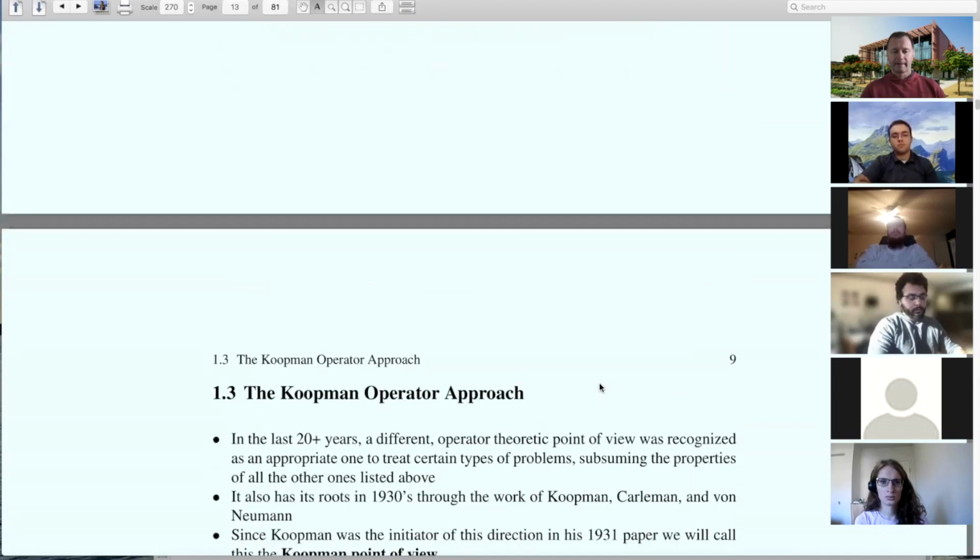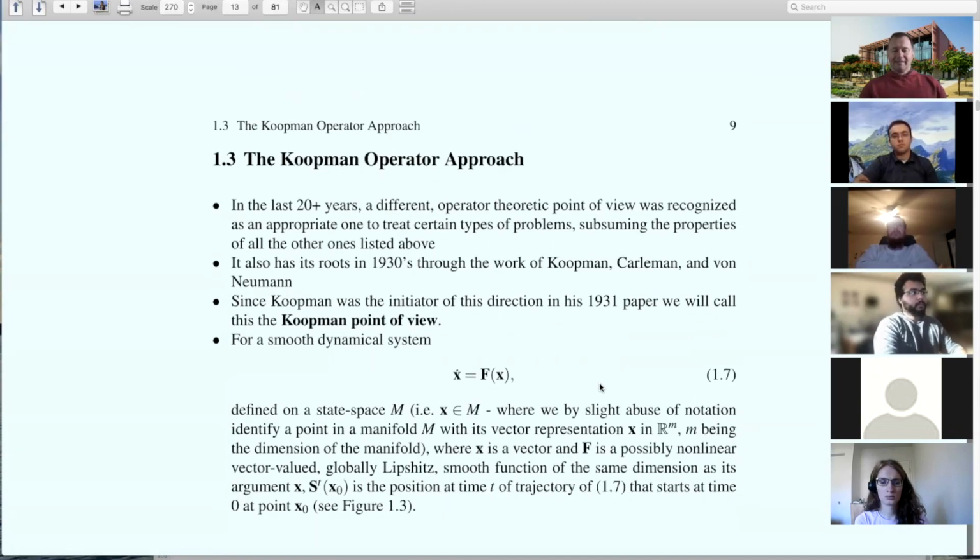Okay. So I spoke quite a bit about this, and so now we come to the point of talking about what it is. In the last 20 plus years, we have certainly used this approach that I'm going to present to you, that I spoke about but didn't quite define yet.